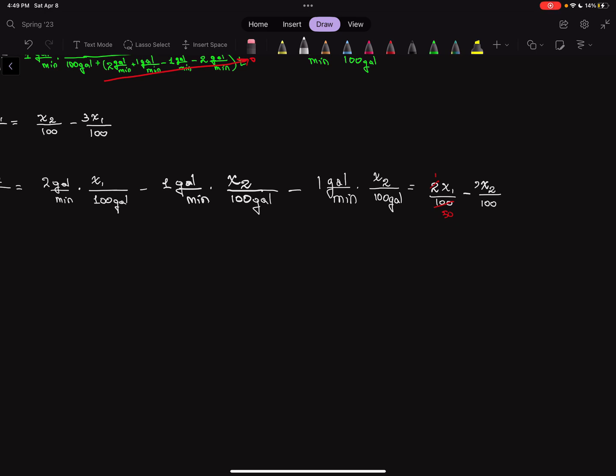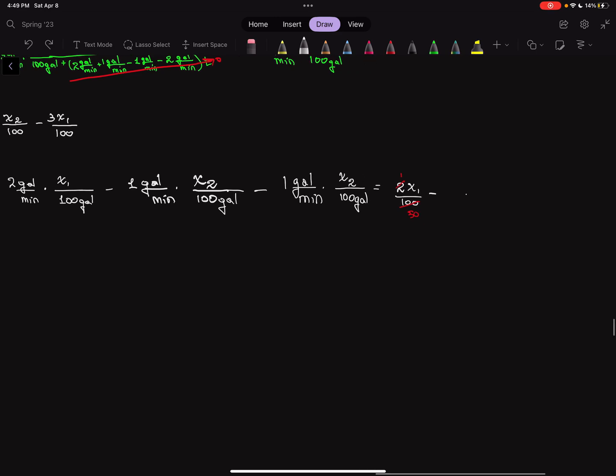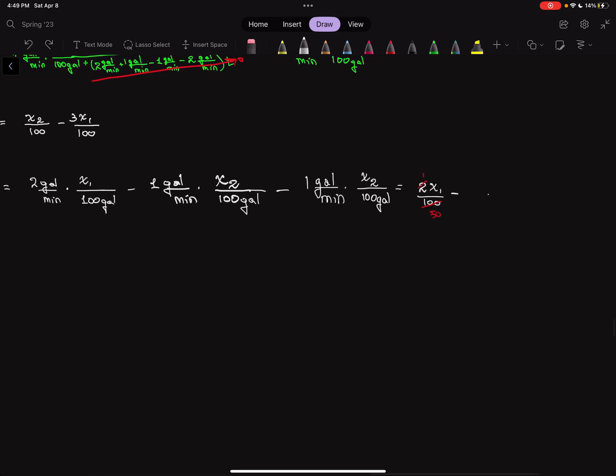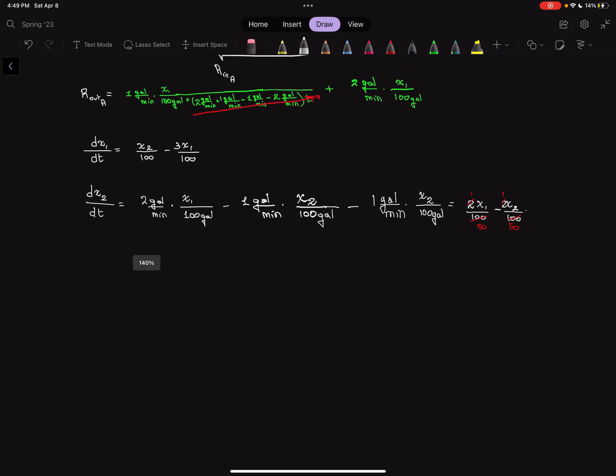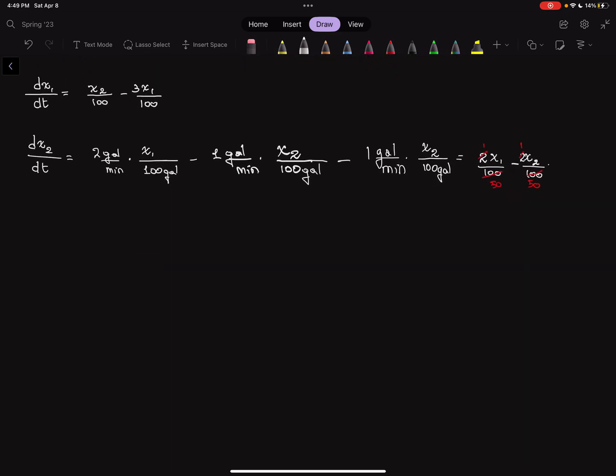And we can put actually minus 2x sub 2 over 100, because I'm adding these two together, they are similar. So minus 2x sub 2 over 100, which we can also simplify as 1 over 50 by dividing both numerator and denominator by 2.